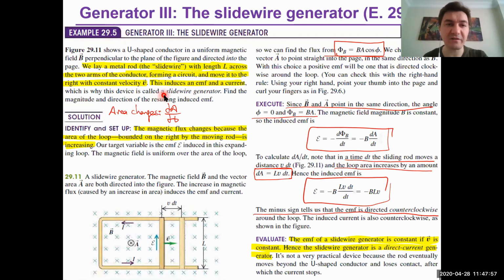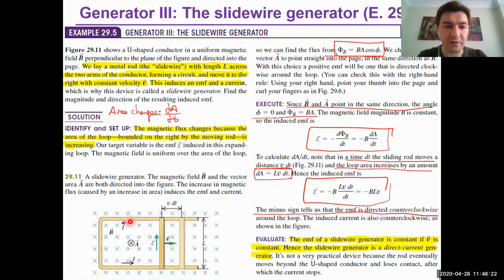For this reason, it is called a slidewire generator. So the question asks: what is the magnitude and direction of the resulting induced EMF? So the magnetic field is constant here, but what is changing? The changing parameter is the area.